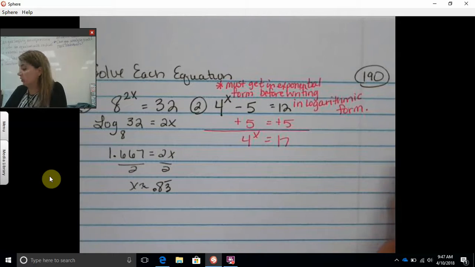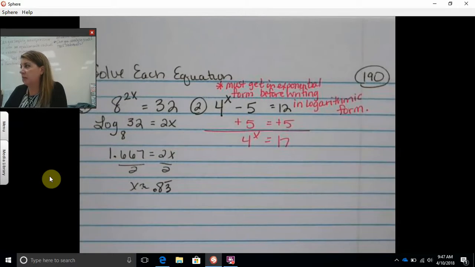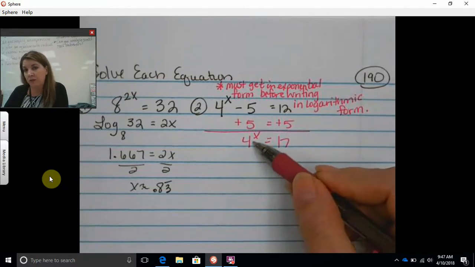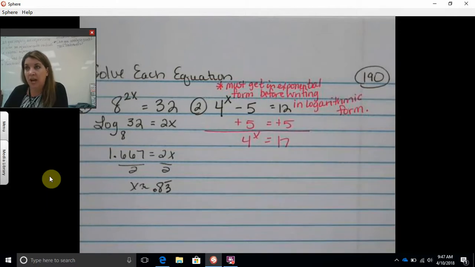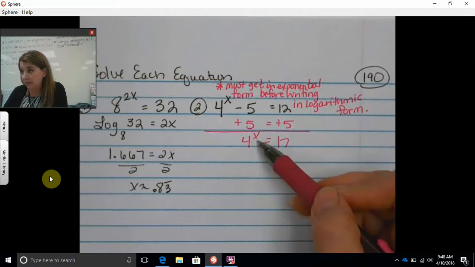Now this is a good example. Can I write 4 and 17 with the same base? No. So if I wanted to solve it that way, I can't. Because 17 can't be written with a base of 4 or even a base of 2, because I could write 4 with a base of 2 or a base of 4, but 17 couldn't be written with either. So I would have to use logarithms to solve this one, okay? Or a lot of guessing.